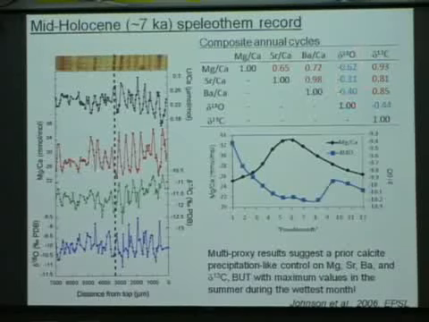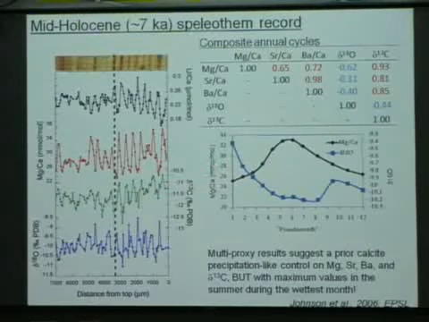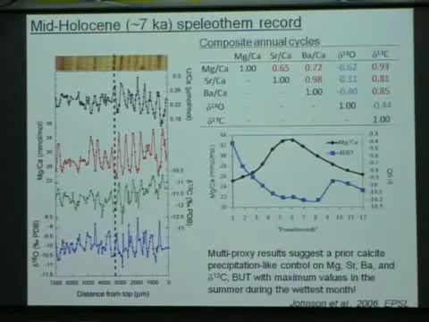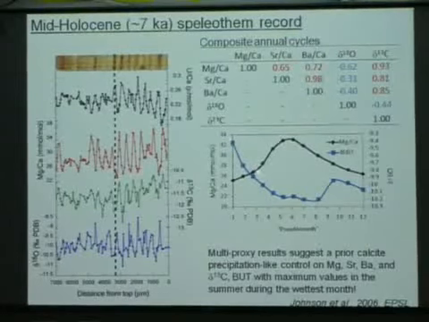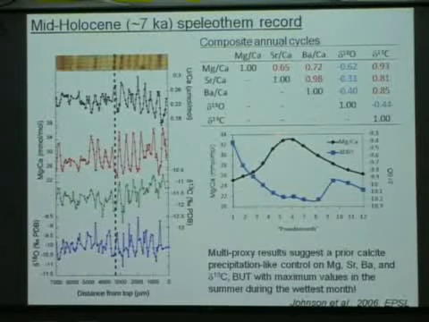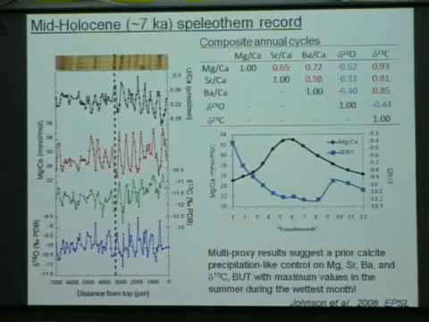What we did was also use the oxygen isotopes to define the annual timescale, to define what we call months, although because growth rate is likely not constant throughout the year, these probably aren't really months. But at least we have two tie points, the January and July tie point. So if you plot the delta 18O and the magnesium calcium versus month, you do see this anti-phase type behavior where the highest magnesium calcium, and therefore strontium, barium, and delta C13, are all occurring during the summer, which does suggest that there might be a common control.